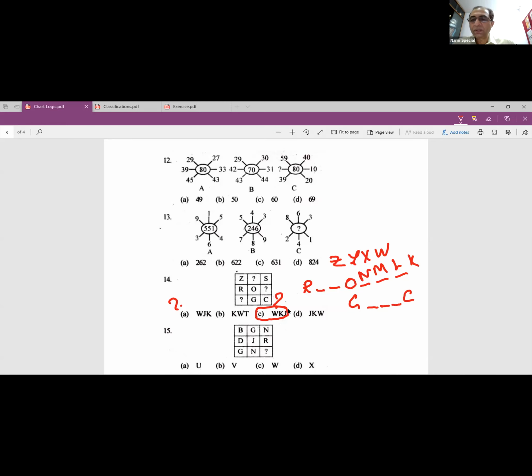Yes, Satvik, yeah, W. Why is it? What is the logic? Shreya has given the logic. Can somebody give me the logic? Bhagirath, can you give me the logic?